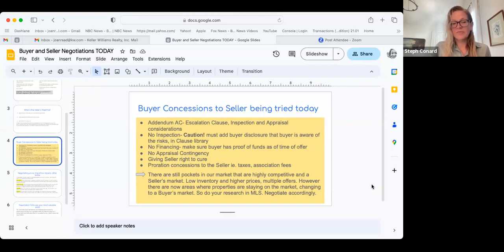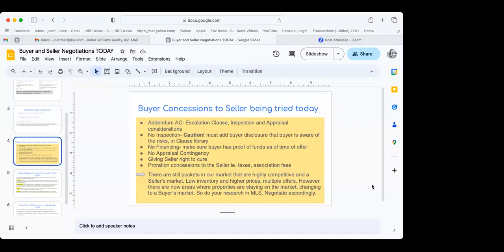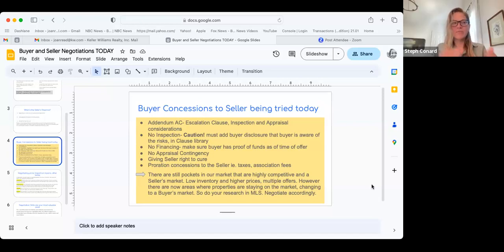There's been examples of people who are pulling out all of the stops with the expansion of these terms, and it may not have been necessary. So it just goes to show to have more conversations with a listing agent before you're writing an offer.